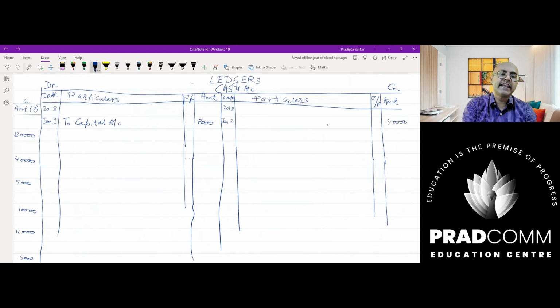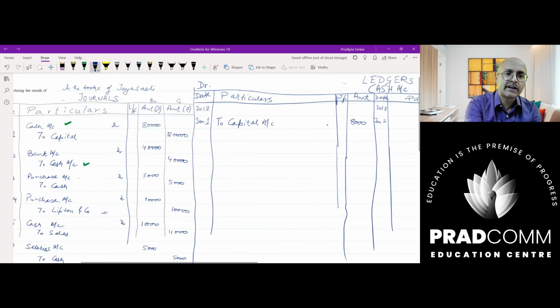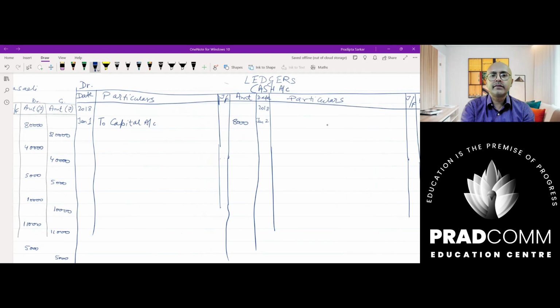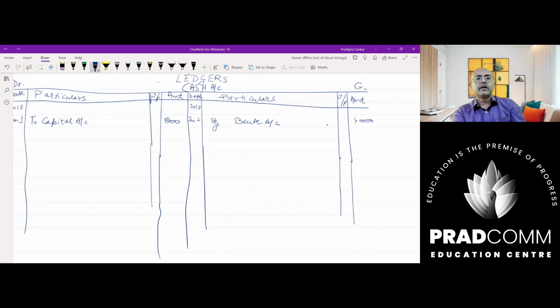So we will write the name which was on the opposite side, that is bank account. So on the credit side, you will write by bank. For the international students, you do not have to give this to and by thing. I'm again telling you, rest is all same.